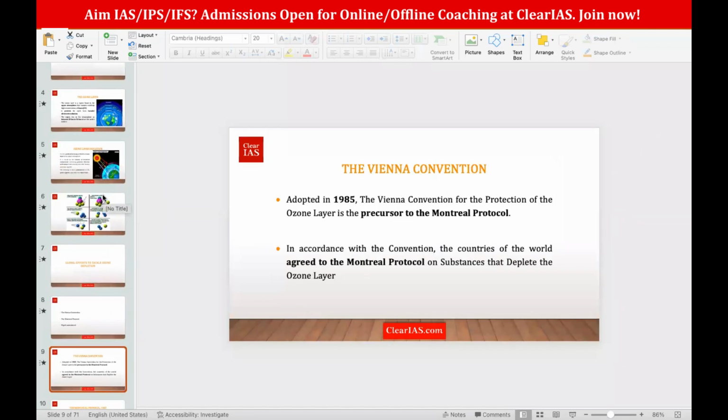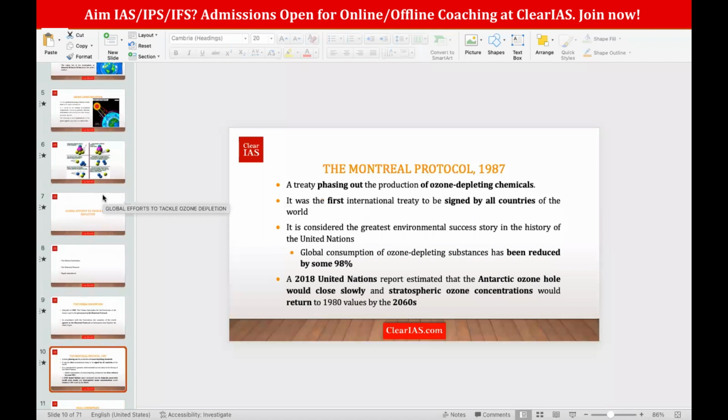The Montreal Protocol was adopted under the Vienna Convention in order to eliminate ozone depleting substances such as chlorofluorocarbons. This is one of the most successful initiatives, and there is also an indication that the Antarctic ozone hole is closing.